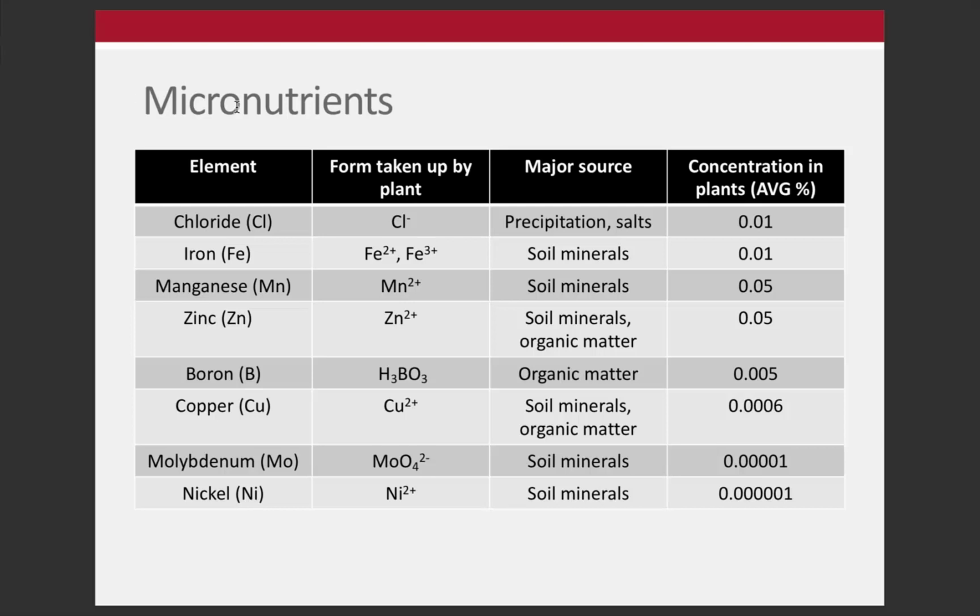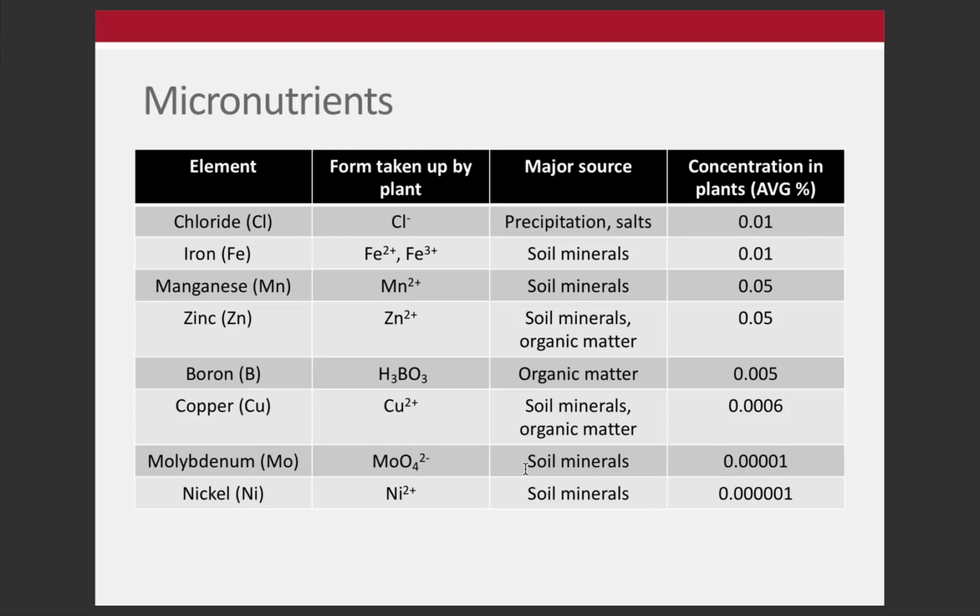But if we look down this list, iron, soil mineral, manganese, soil mineral, zinc, both soil mineral and organic matter, a lot of the major source in terms of where plants get them does come from that mineralogical fraction. We can see just a few exceptions, organic matter here, boron and copper.